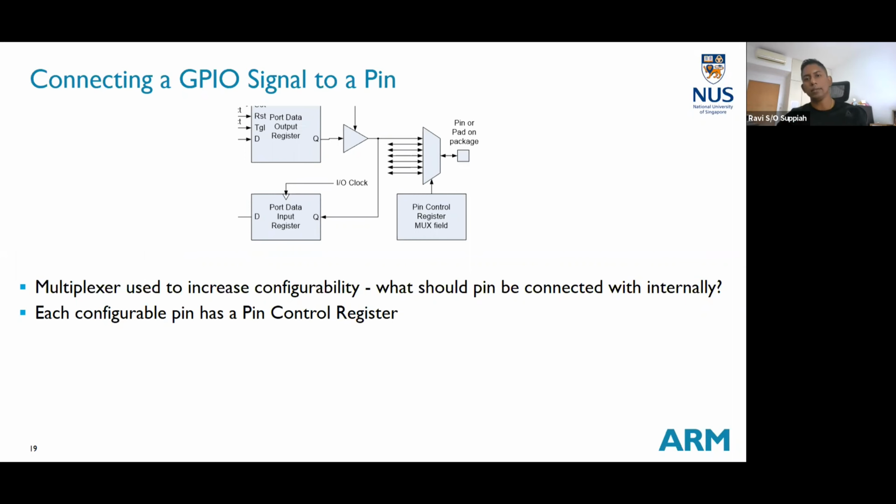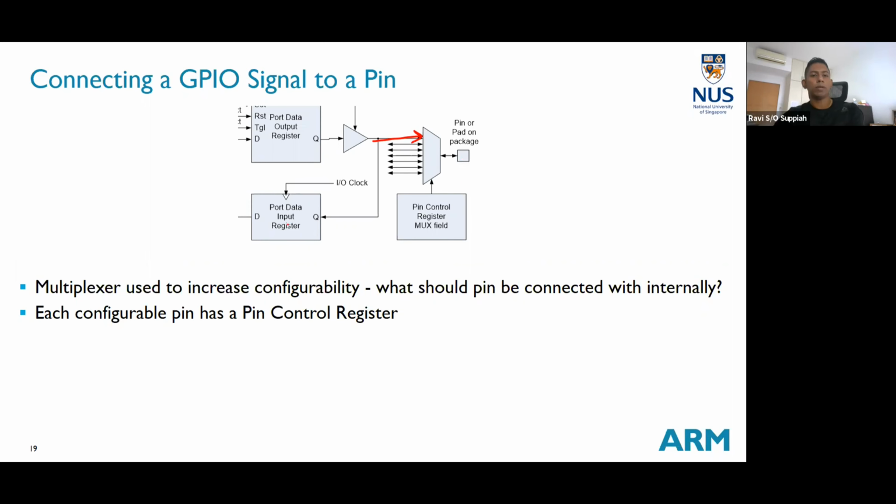That is because you have a limited pin count. So you need to make sure that you configure the correct pin. In this case, GPIO is only one of the functions. That particular pin might be used for the I2C bus, PWM, timer, and so on. So it can have a lot of different functionalities.